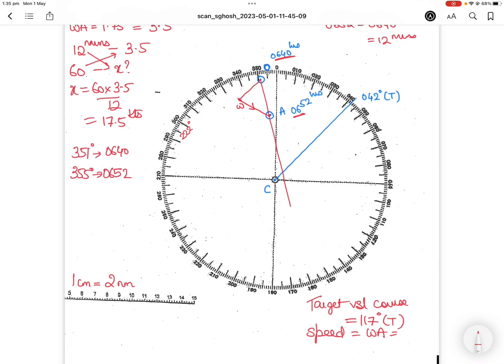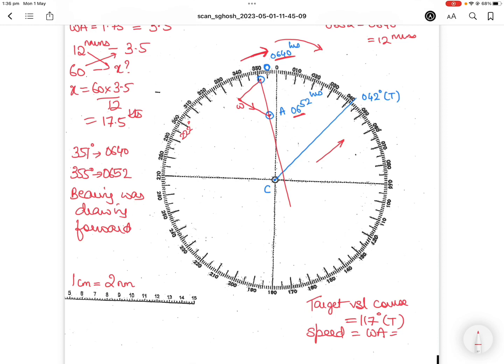From 351 to 355, if you look at this arrow that I'm showing, the bearing is closing towards your course of 042. You are going on a course of 042 and the bearing is closing from 351 to 355. That means the bearing is moving towards your vessel's course. So in this case, we say the bearing was drawing forward, towards the vessel's course.